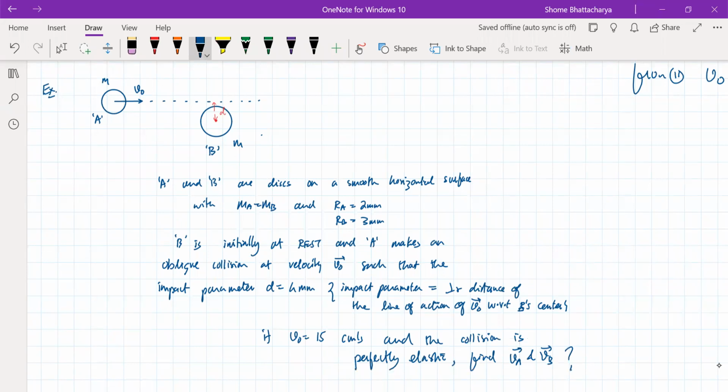Okay, so remember, two conditions are there. The collision is perfectly elastic and the masses are equal. So we can make use of the above theorem that we discussed. So making use of that theorem will save you a lot of time in this question. Otherwise also you can solve it, but you will end up proving that theorem again through your solution.